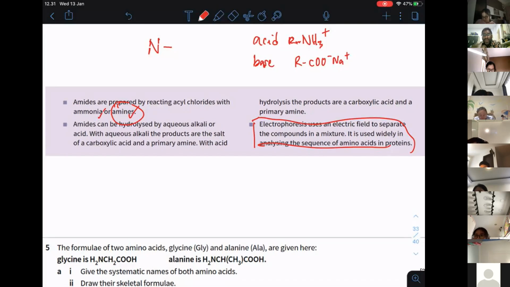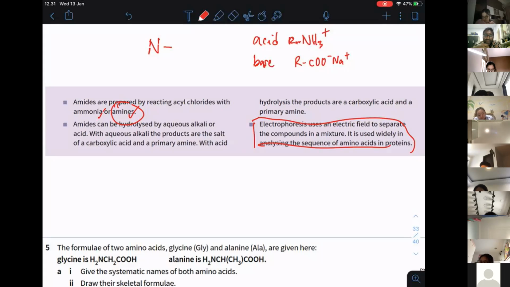We use a chemical to change them into the same charge ion, and then we use an electric field to separate them according to size and charge. The bigger size will move less, and smaller amino acids will move more.